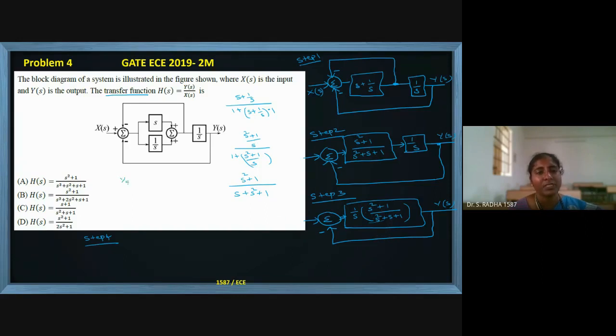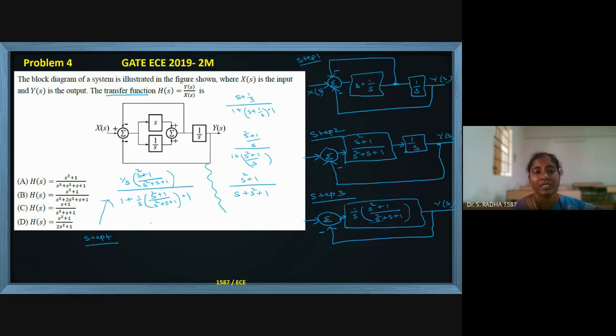So G is 1 by S, (S square plus 1) by (S square plus S plus 1), into H value 1. Okay, if I simplify this, this is step 4 calculation only.